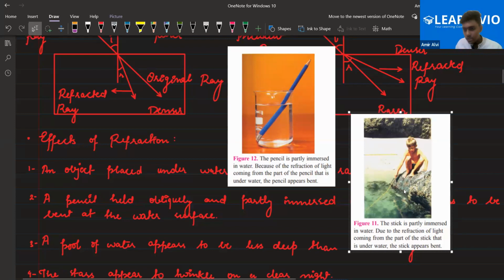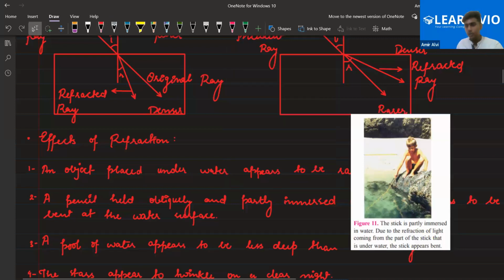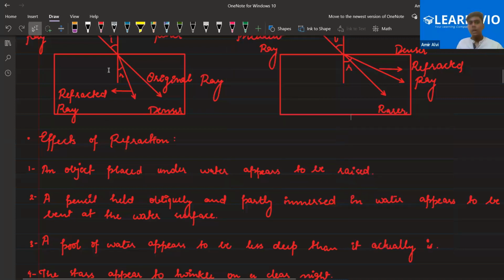You can see this is the stick, but due to refraction it appears to be raised. Yes or no? That's why an object appears to be raised due to refraction when it is submerged in the water.